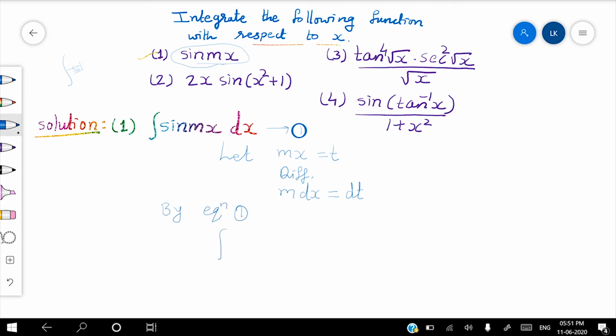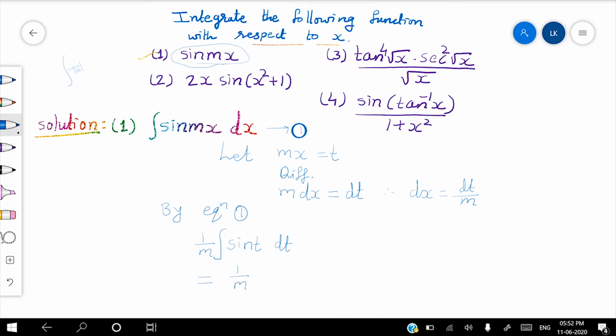So by equation 1, substitute the value: integral sin mx, means sin t. The value of dx is 1 upon m dt. If you find the value of dx, then it is dt divided by m. Substitute the value of dx in equation 1. m is constant, you can take it outside of the integration.